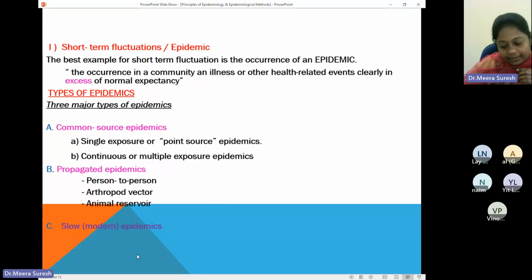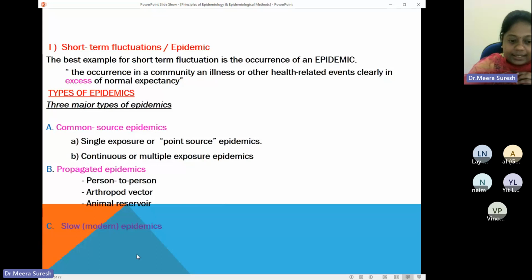The current epidemic, the CVD, the cardiovascular disease, diabetes mellitus, stroke, cancer, obesity, all those lifestyle diseases are actually an epidemic. We are not understanding that because it is having a long incubation period. But it is actually increasing in number.